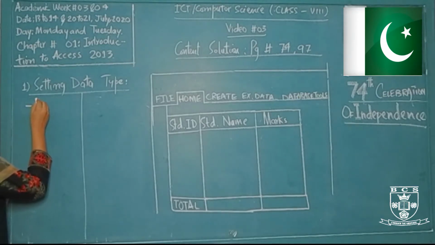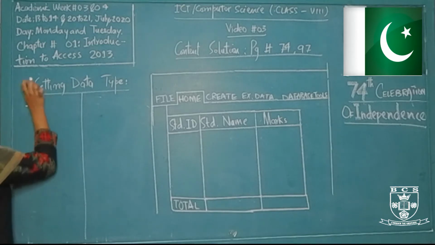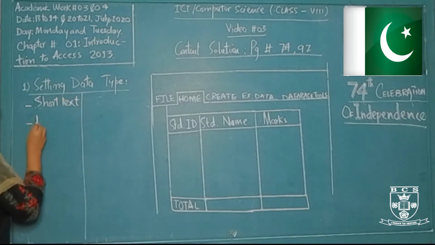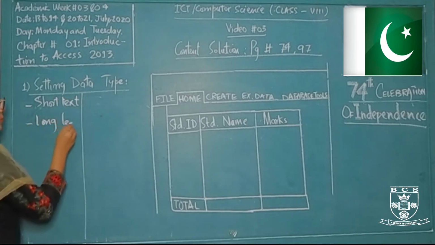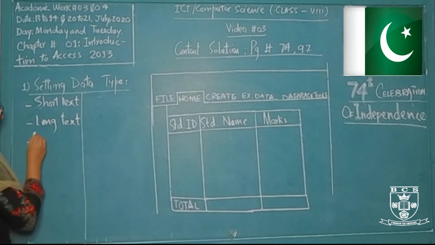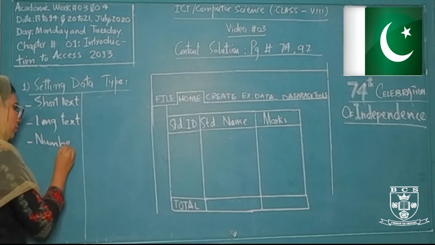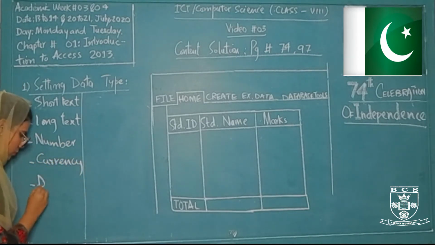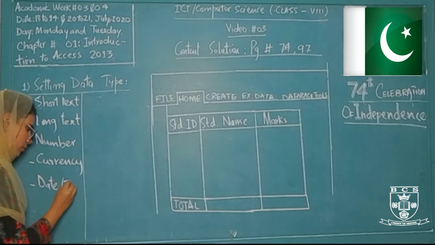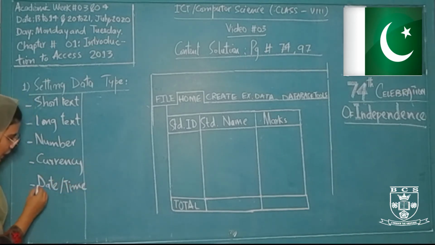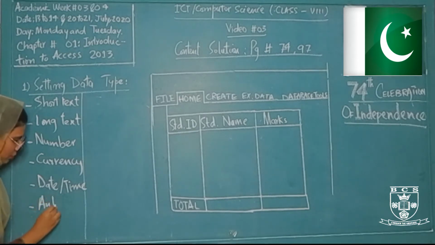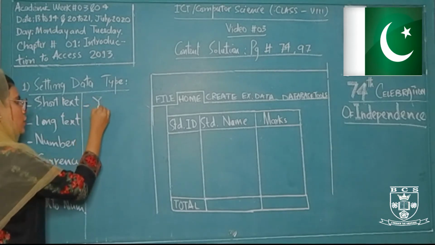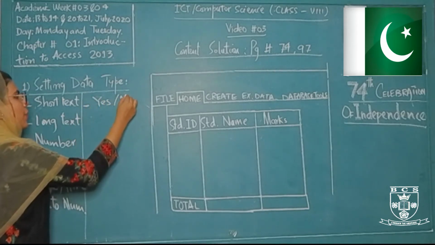First one is short text. Second is long text. Third one is number. Then currency. Then date or time. Then auto number. After that, yes or no category or data type.